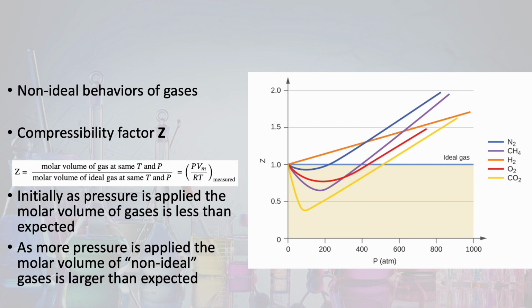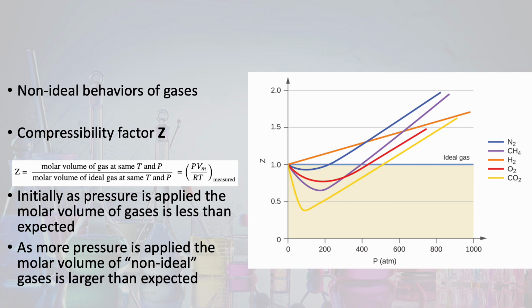So depending on the variables that you have to control, at some point or another, our real gases will behave how we would expect them to in an ideal gas, but you'll notice that the variables you can control that would cause these gases to do that differ gas to gas. So applying a pressure of somewhere between 200 and 250 atmospheres is when nitrogen behaves like an ideal gas.